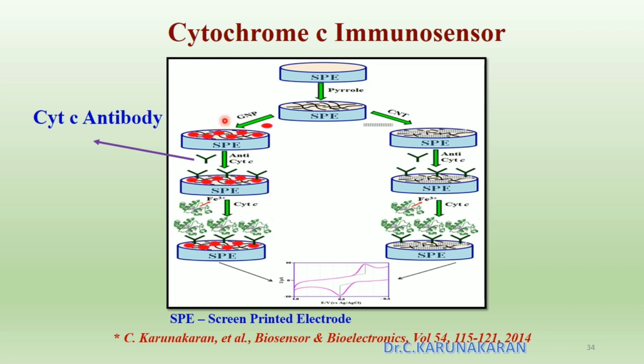Instead of CCR, cytochrome C reductase, we have used the cytochrome C antibody as the bioreceptor or biorecognition element. We have characterized the biosensing electrodes using SEM and electrochemical impedance spectroscopy for the immobilization of the antibody and also proteins.